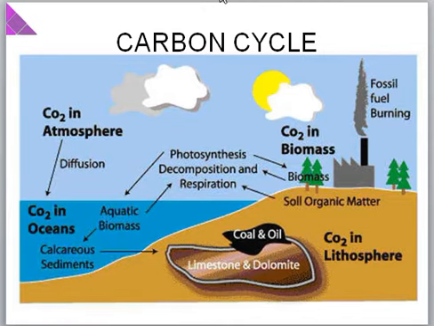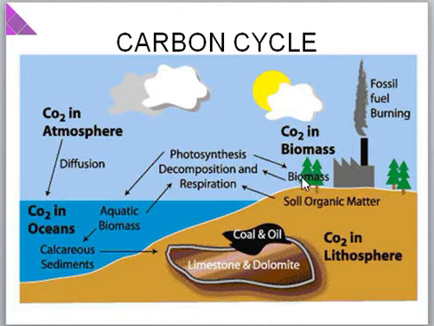Let us now focus on the different steps of the carbon cycle. And I want you to focus your attention on this structure, okay? And this term, photosynthesis. So during photosynthesis, carbon dioxide in the atmosphere is fixed to form complex organic materials such as glucose.